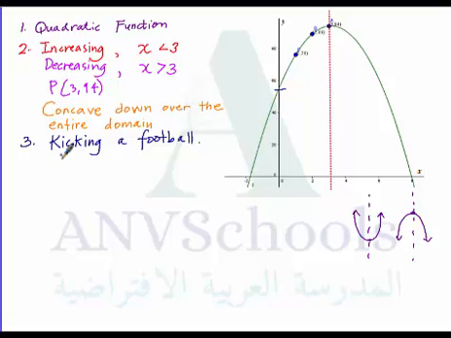Shooting an arrow, yes, that could also be possible. At a certain height, you shoot an arrow, and it will land somewhere at the end of the domain, before it hits the ground. That would be from here to here, that range. Shooting an arrow is another example.